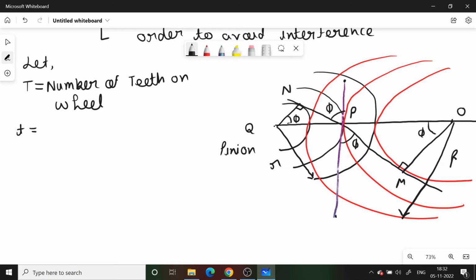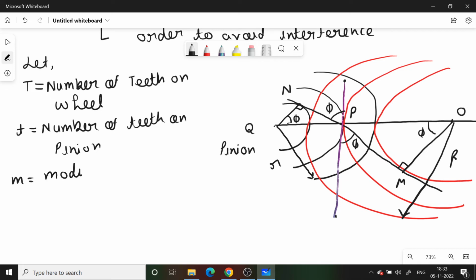Small t is the number of teeth on pinion. Small m is equal to the module of teeth.